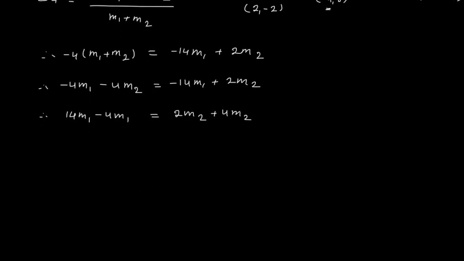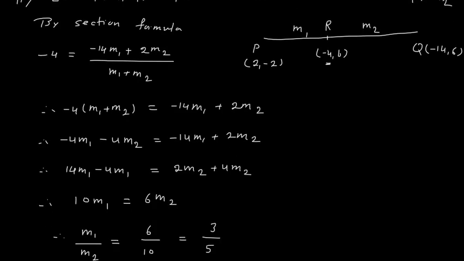So 10 m1 is equal to 6 m2. So therefore m1 divided by m2 is equal to 6 divided by 10, and this is 3 divided by 5. So m1 upon m2 is 3 upon 5.